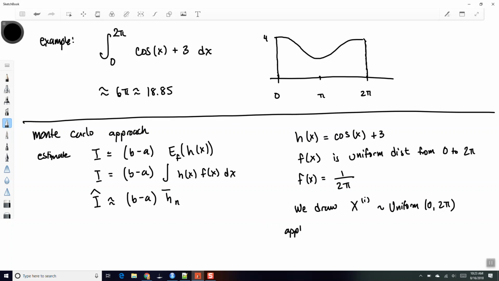We apply h of x to the x sub i's, and then we take the mean of the h of x sub i's, which is going to be our h bar sub n, and then we multiply h bar sub n by b minus a.